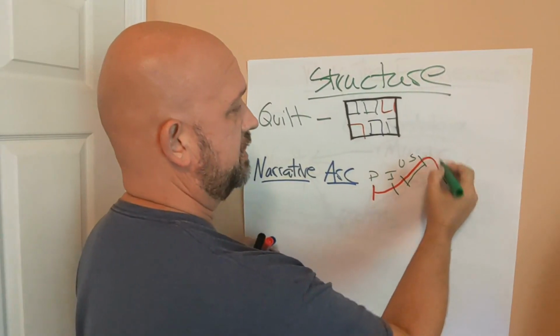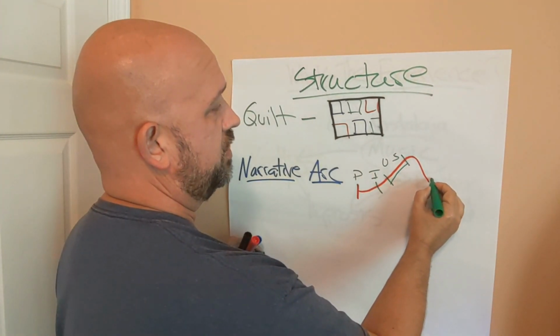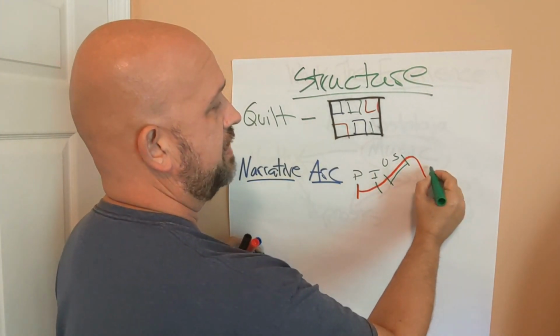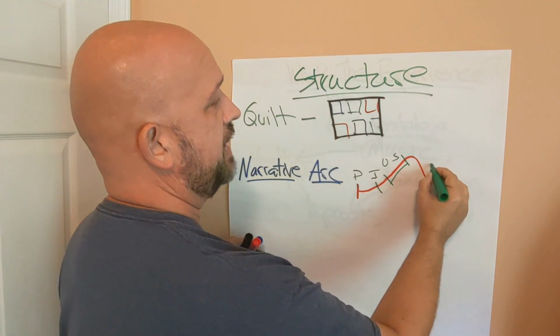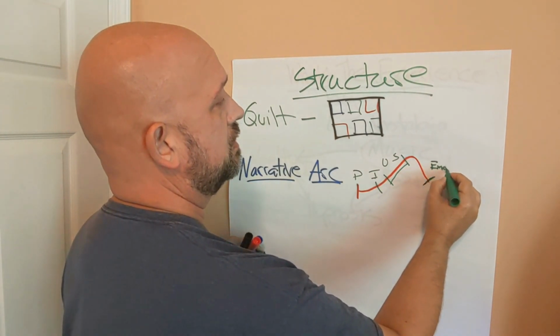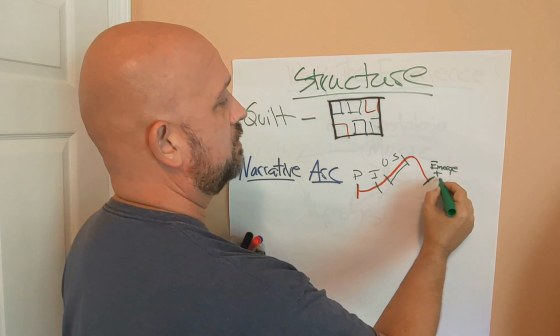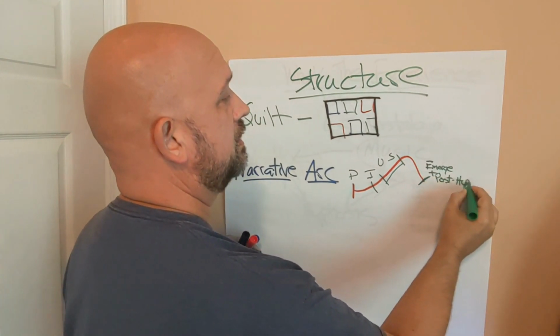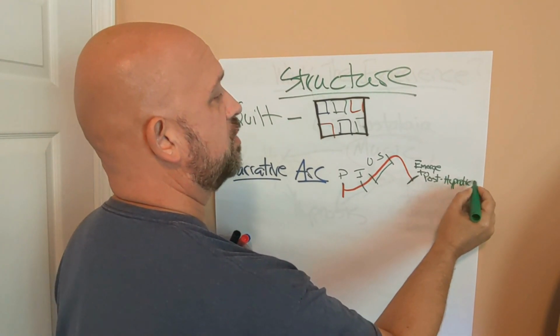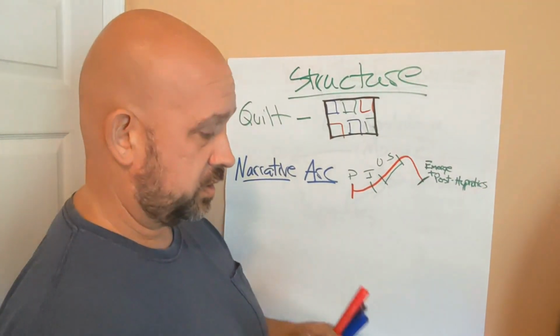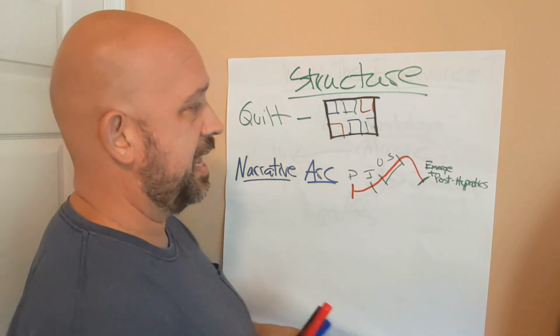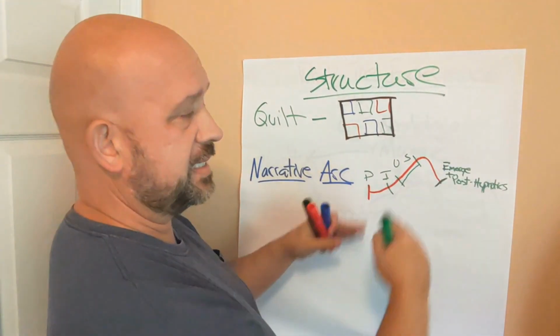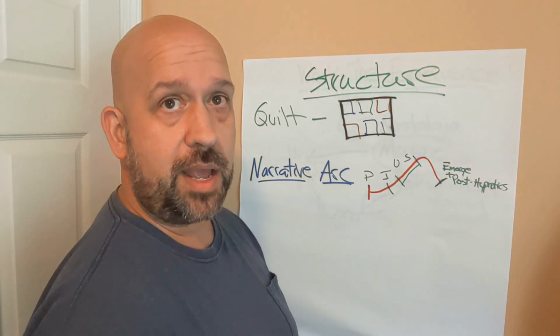You get to your climax here, and then you get to your end point, and that is usually emergence, plus maybe some folks like to do post-hypnotics that go past the emergence point, right? So in terms of hypnotic function and entertainment function, that's kind of how it would all blend together.